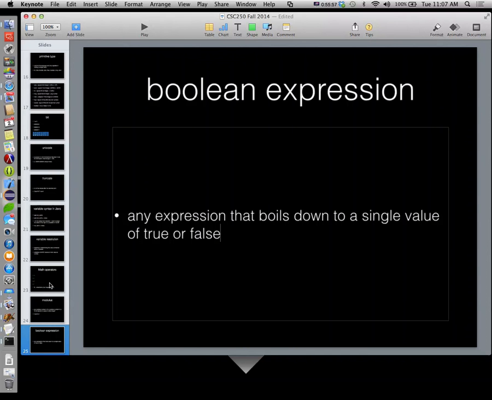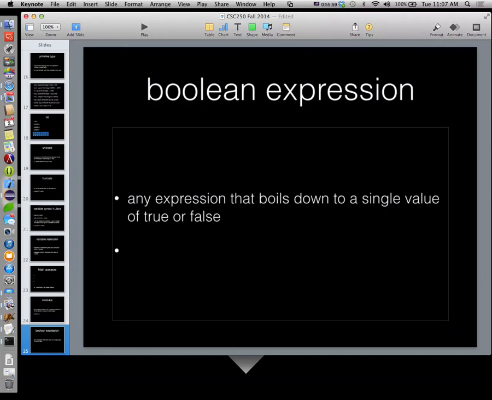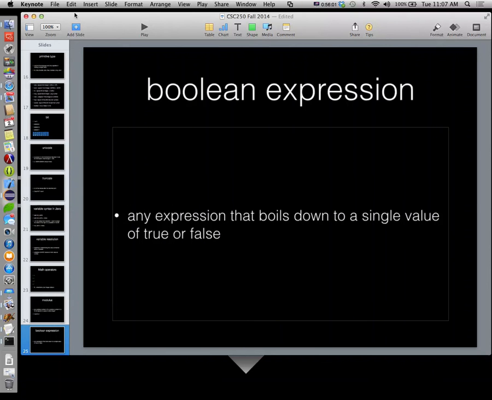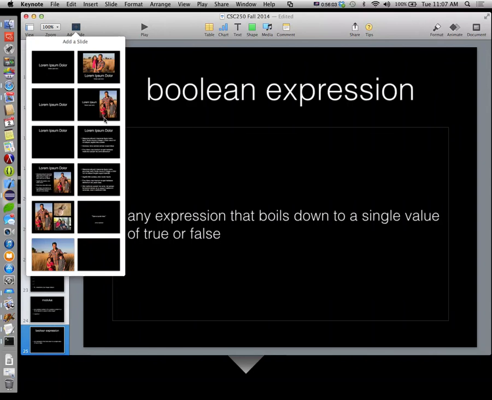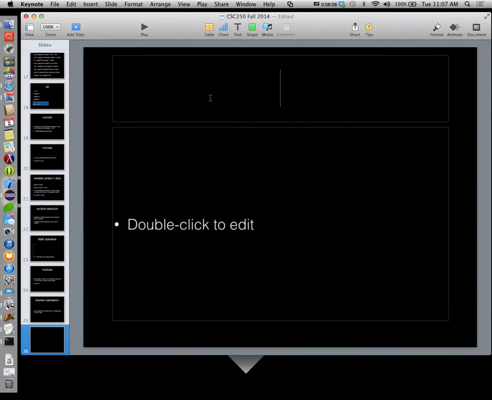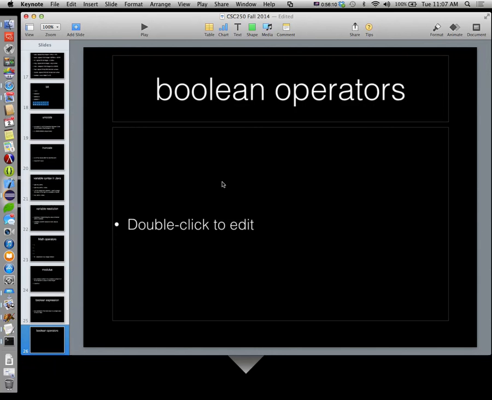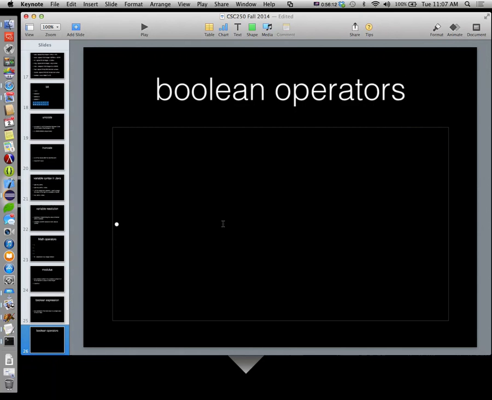So, examples of Boolean expressions. Well, here, let's throw some Boolean operators first. Let's look at some Boolean operators. Also, these guys will be completely foreign to you. You've never seen these before.